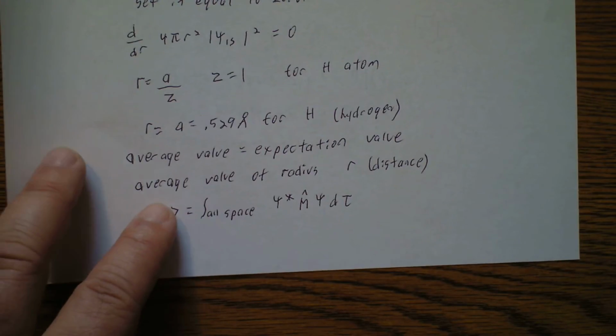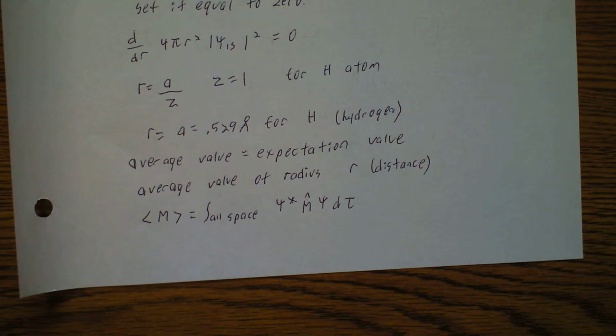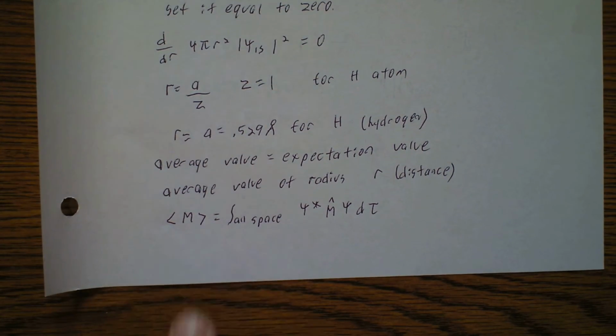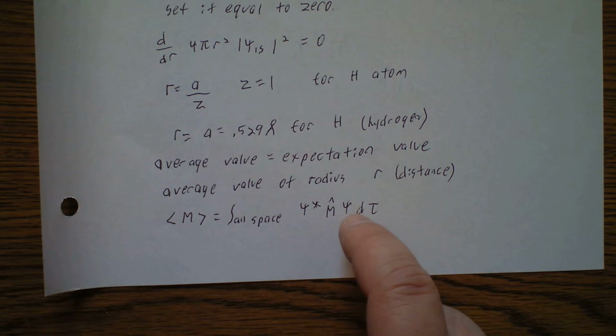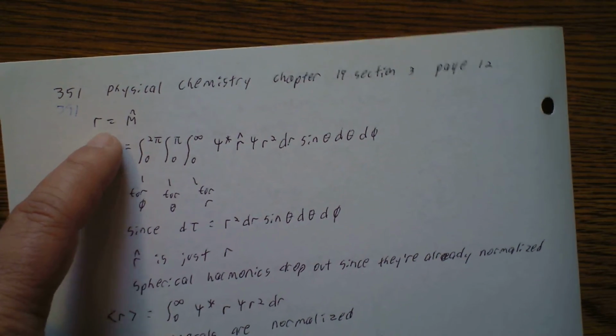Now remember, the average value is also the expectation value. We already mentioned that. And the average value for the radius is our distance. So we have average M is the integral from all space of psi star times M hat psi d tau. Now in this case, r is M hat.